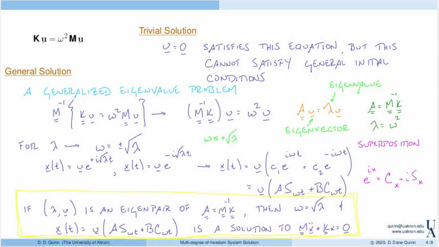We essentially identify this characteristic matrix, M inverse K, or in fact we'll work with this generalized eigenvalue problem directly. But finding that eigenpair, then we can form the general solution.